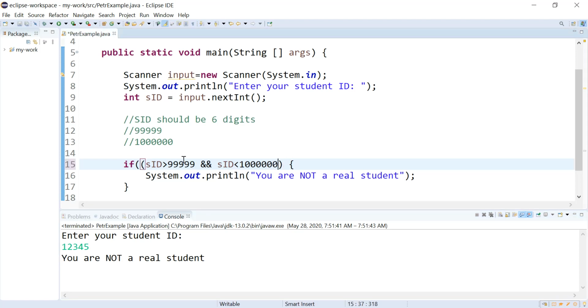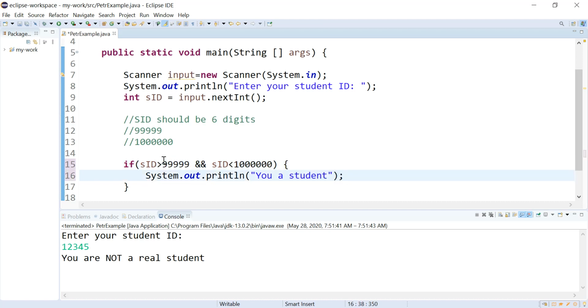Let me undo this down here. All right, so the opposite of this right here is greater than or equal to, and the opposite of this, I'm sorry, I messed up here. The opposite of this is less than or equal to. I don't know what I'm talking about.